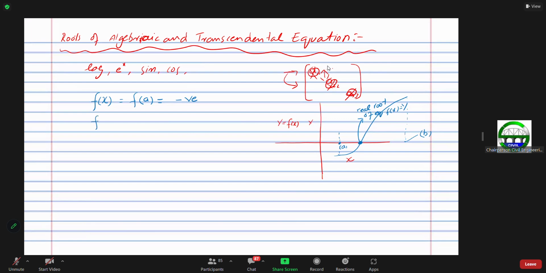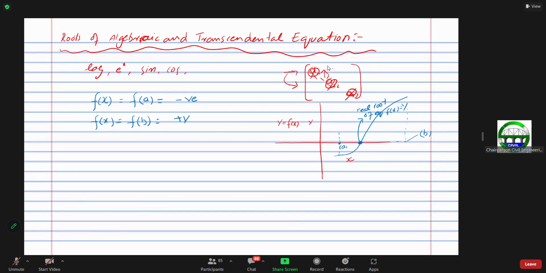Similarly, f of b: will it be a positive or negative value? F of b will be a positive value. Again, how?